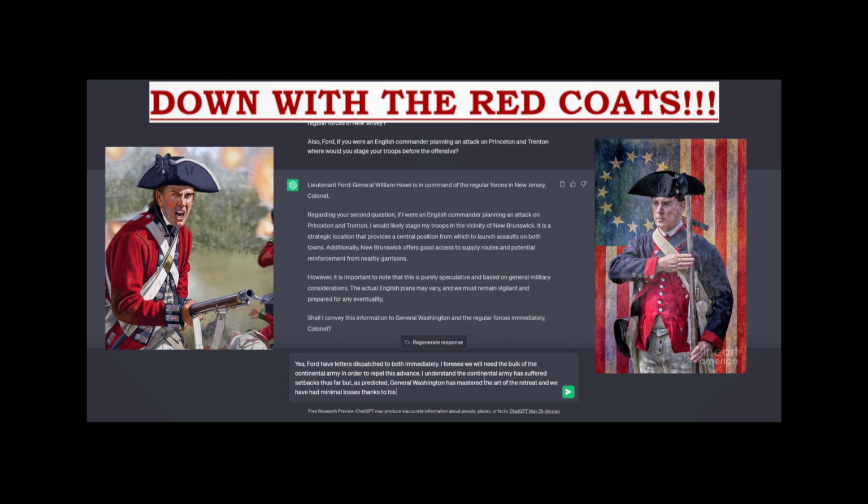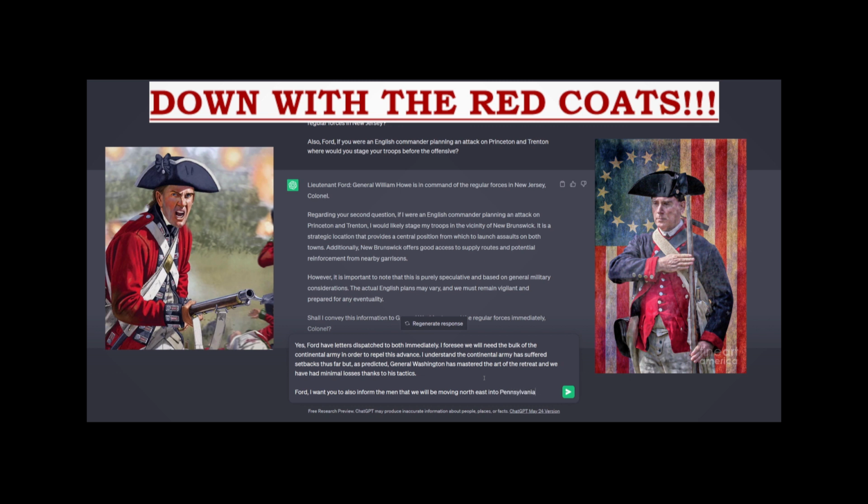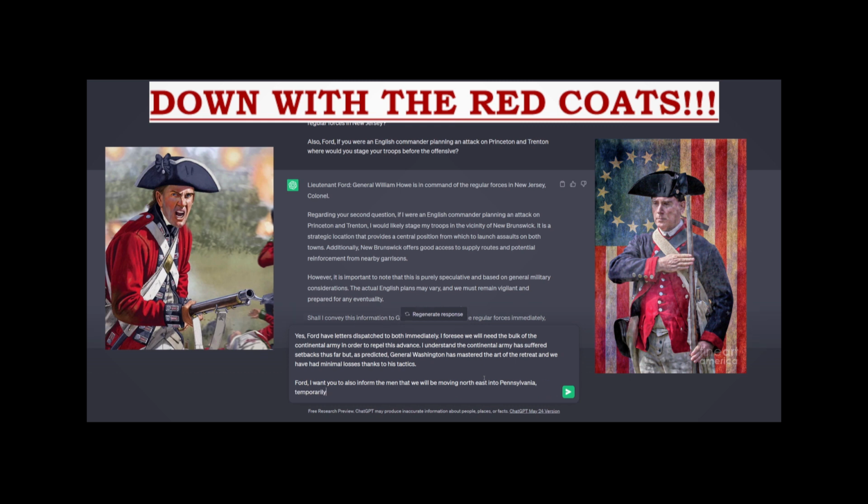Ford, I want you to also inform the men that we will be moving northeast into Pennsylvania temporarily, and crossing back into New Jersey at a position north of New Brunswick.